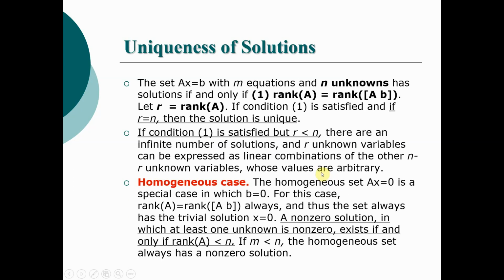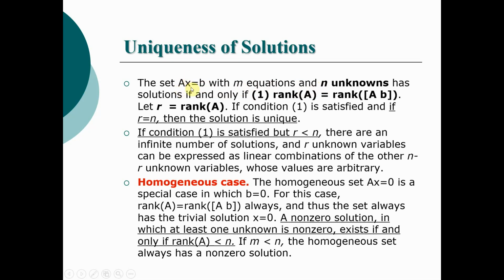So let's see how we can determine if a matrix equation has a solution or how many solutions it has. For this matrix equation, which let's say has m equations and n unknowns, it means that A is going to be a matrix with m rows and n columns.